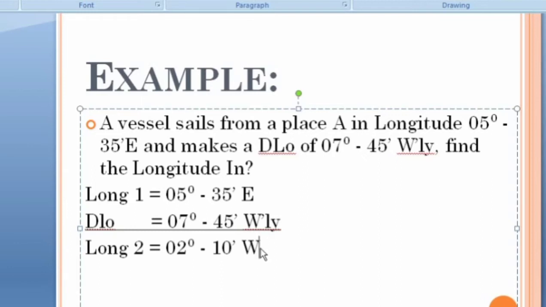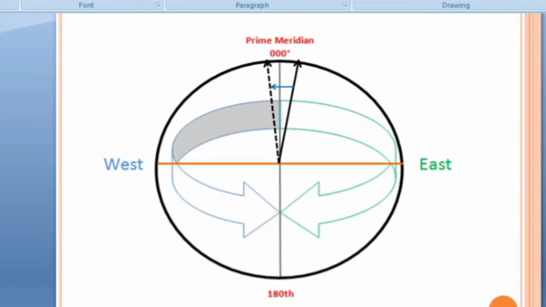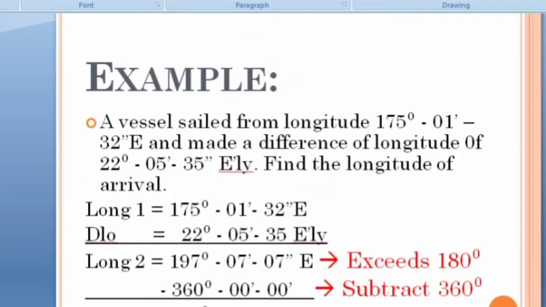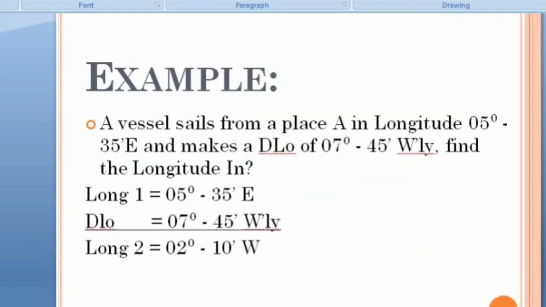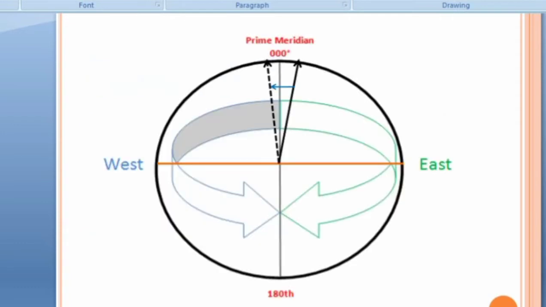So to fully understand what I am talking about, let us have the illustration. So let's assume that this one is the longitude of origin or the longitude from, which is 5 degrees 35 minutes east, right?